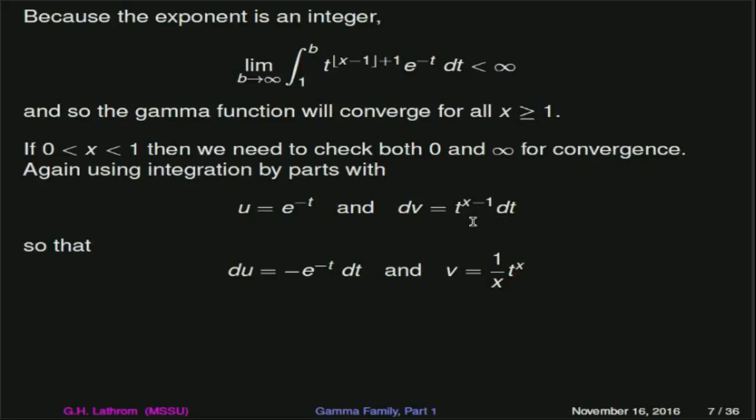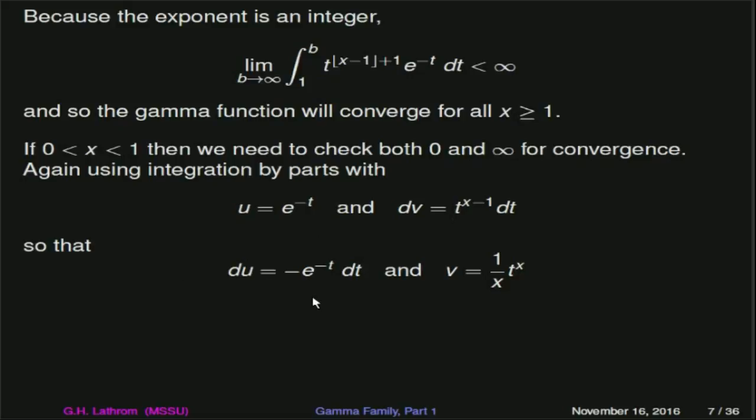So we have to check convergence at 0 because since x was between 0 and 1, x minus 1 is going to be negative. And so we've got a potential 0 in the denominator there. And so we look at du and we look at v.